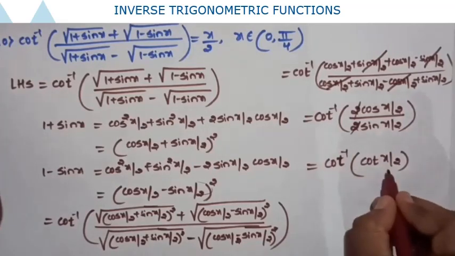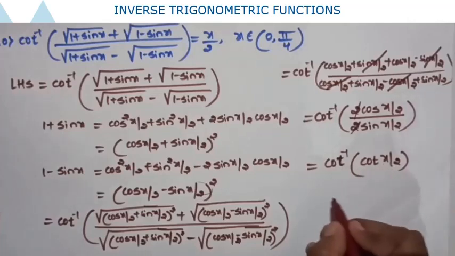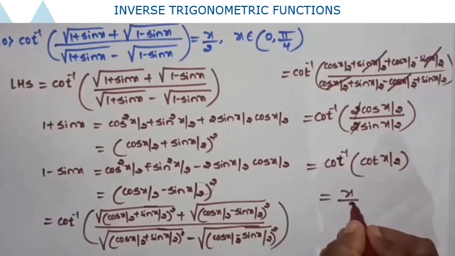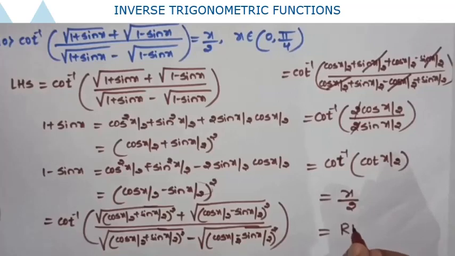So you know from property 1 that cot inverse of cot x is x. What is x here? x/2. So that is the RHS. Okay, hope you understand this example.